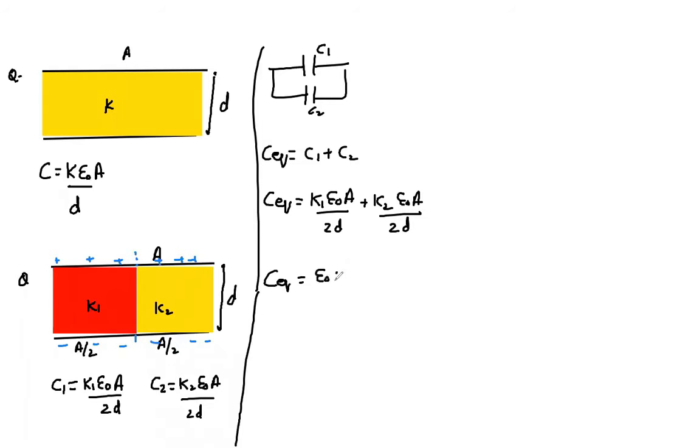C equivalent is epsilon naught A by 2D times K1 plus K2. This is C equivalent, epsilon naught A by 2D, K1 plus K2. Next question. We again take the same parallel plate capacitor.